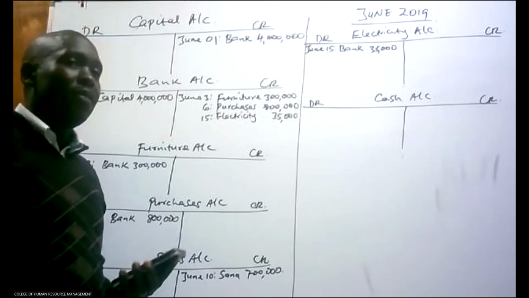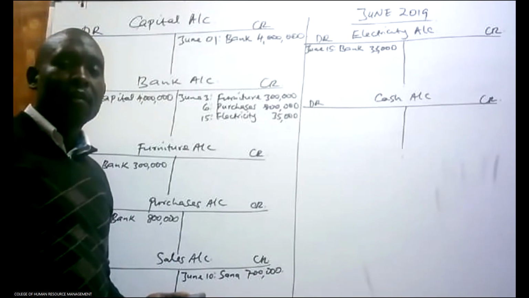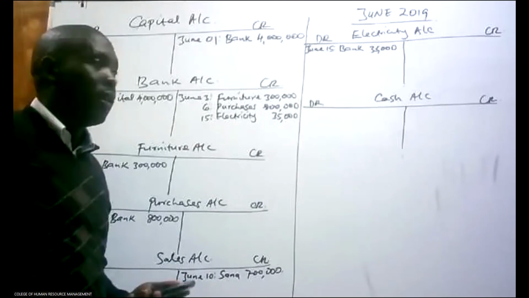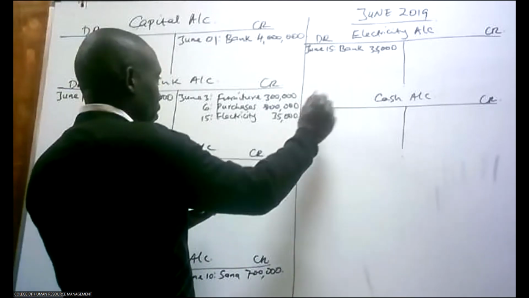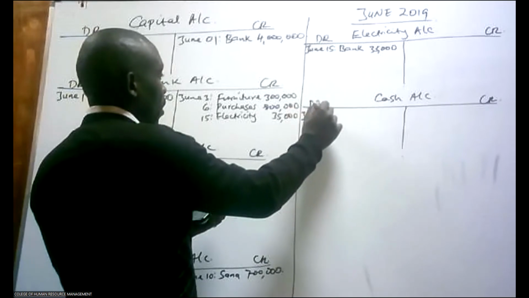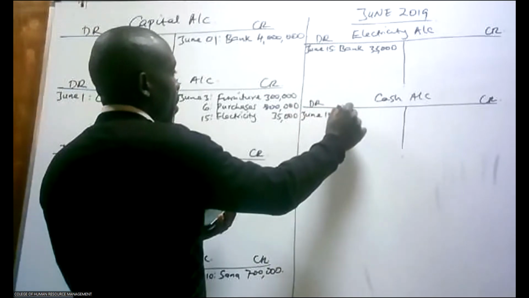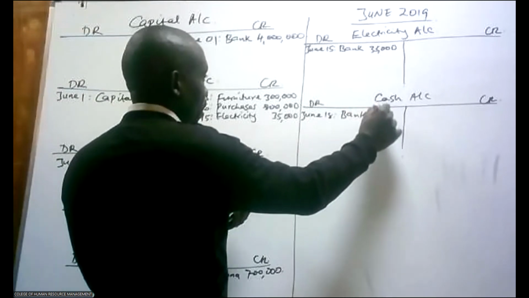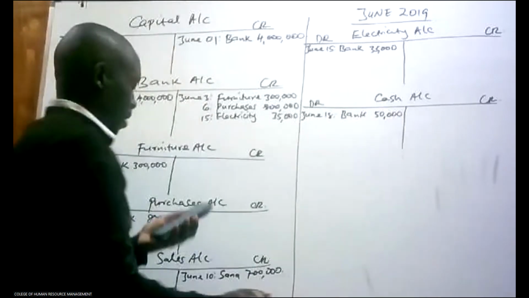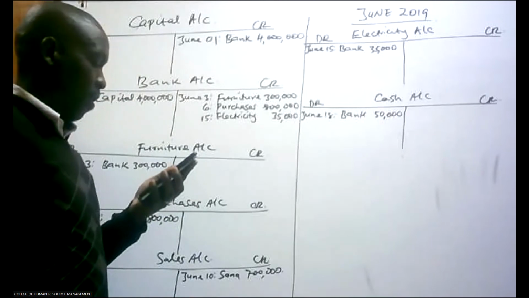The one that is receiving, we debit. Any asset that is received is debited. In this case, cash is receiving. That is on 16th, and it is coming from the bank. How much is this? 50,000.